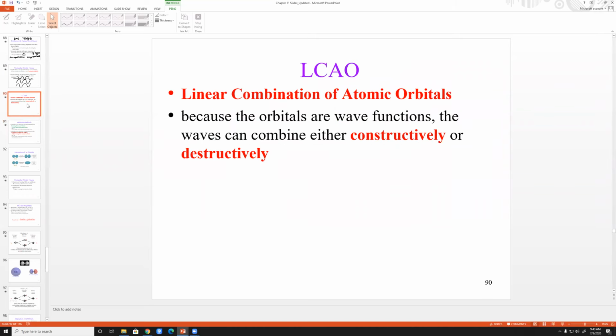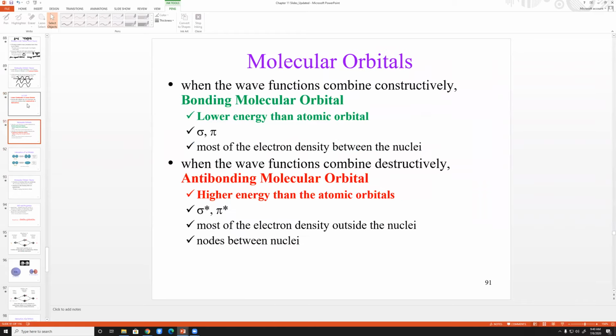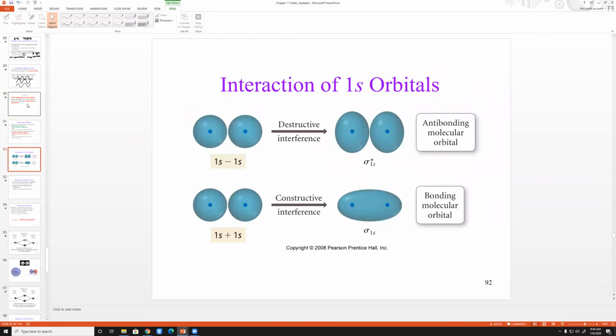When you have the wave functions of different electrons, they can combine either constructively or destructively. Constructive interference means you have bonding molecular orbitals. That's a good thing, because it's easier to bond and it's lower energy.